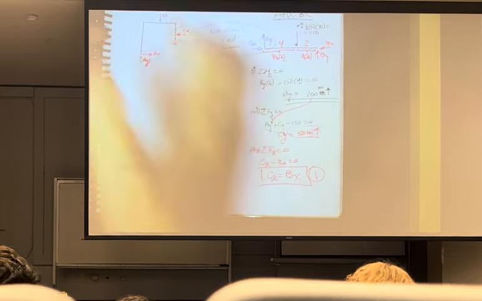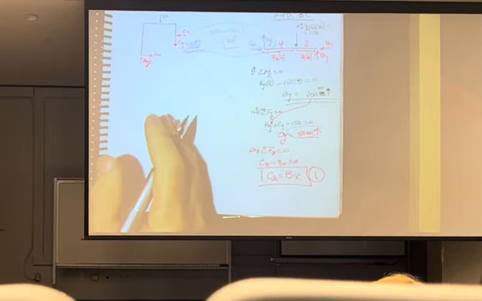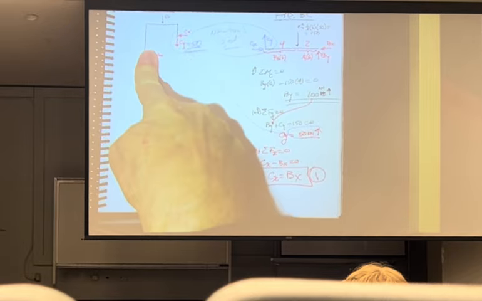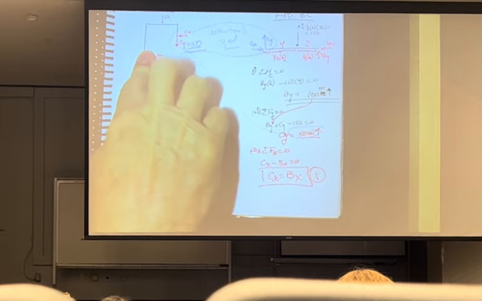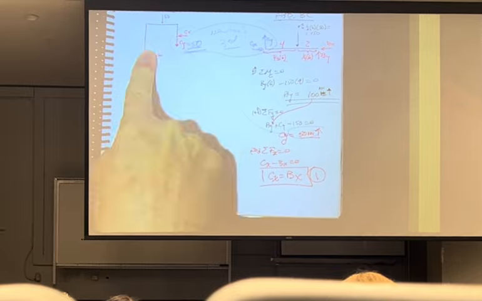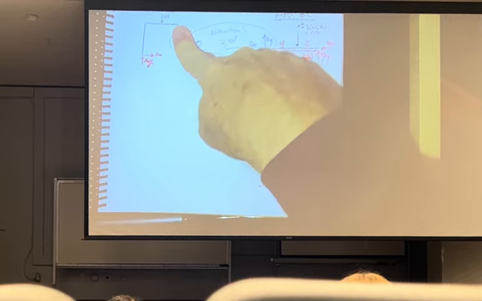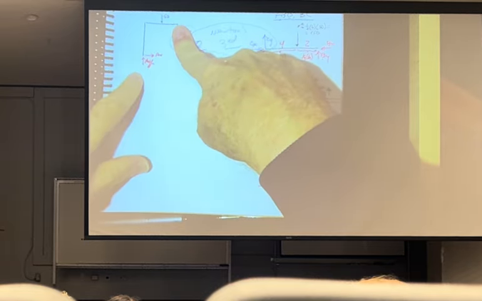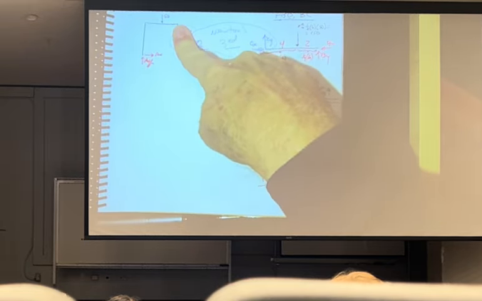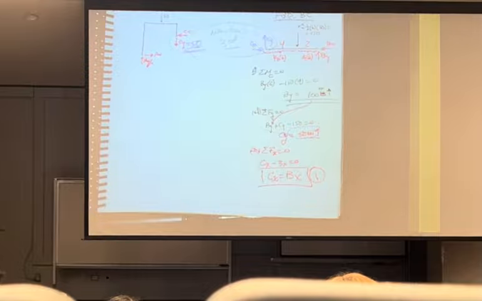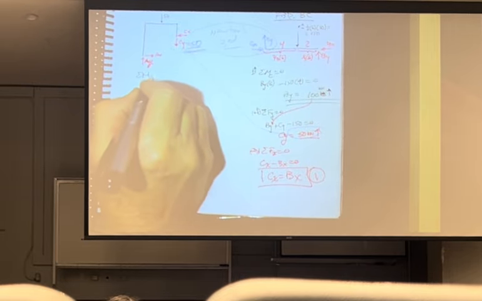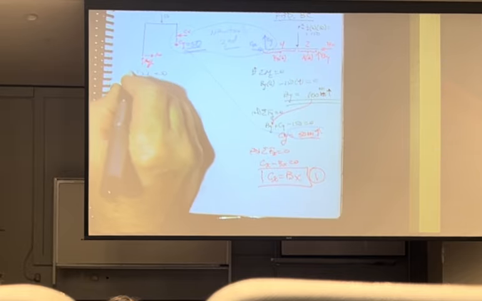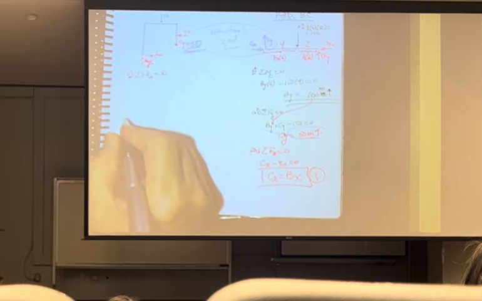Well, now that I have that, I'm going to go over here. Well, guess what? I'm going to do a moment at A. Because if I do a moment at A, what happens? I'll get Cx. Perfect. If I do a moment here, I'm just going to get a relationship between Ax, Ay, and the 50. I don't want that. I want an answer right away. So it behooves me to do some moments at A equals 0, and I'm going to take clockwise positive.